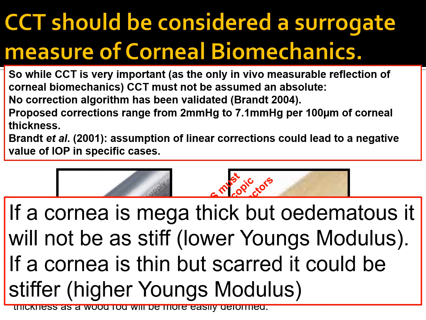So for instance, if a cornea is mega thick but edematous, it will not be as stiff, i.e. it would have a lower Young's modulus. But if a cornea is very, very thin but scarred, it could actually be stiffer. So again, the microstructure is important.